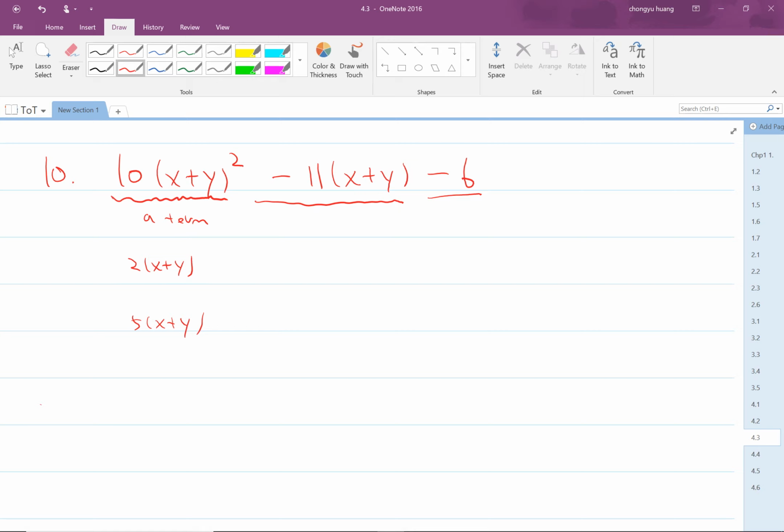So we have a negative 6 over here, and we want to make sure that we get exactly the middle number by finding the right combination. So you're thinking about it, right?